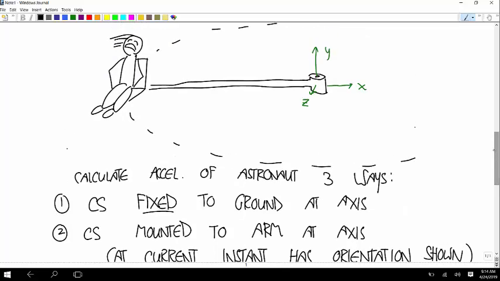So that means that at this instant, the coordinate system in part two is going to look like that. But in the next instant, when this chair is a little bit that way, that coordinate system is going to be rotated a little bit. So the orientation that it has there only represents this exact instant.